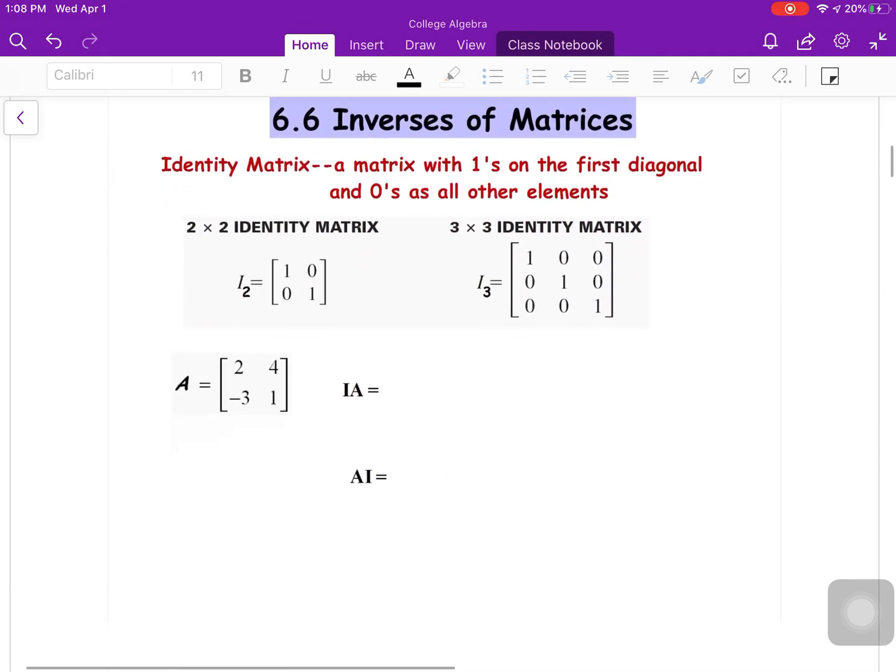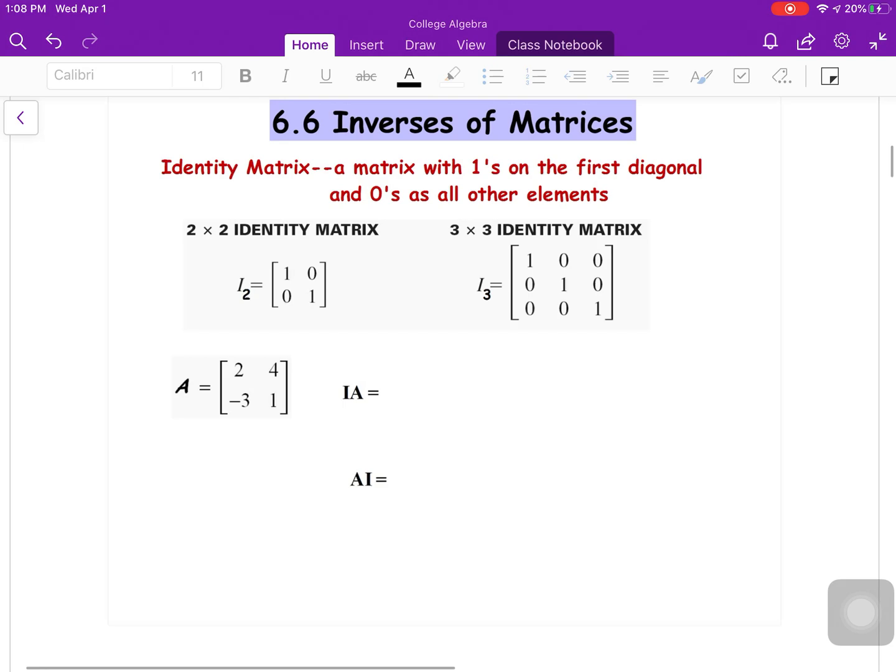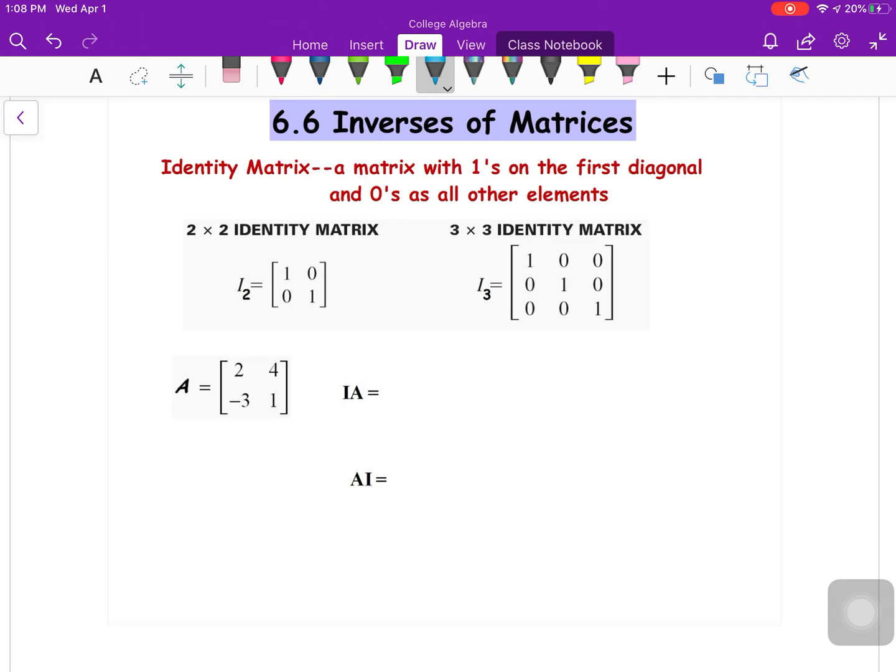All right, so let's actually start today's lesson. First of all, we'll deal with inverses. In order to teach you what inverses are, I first have to let you know what the identity matrix is. The identity matrix is a matrix with 1s on the main diagonal and all other elements 0. They are only square matrices.